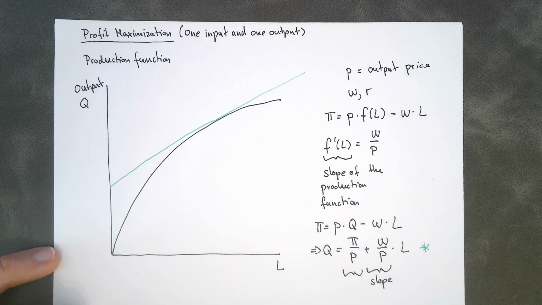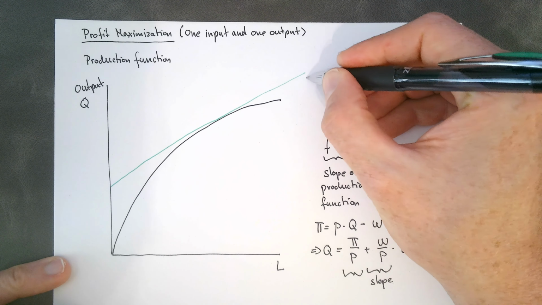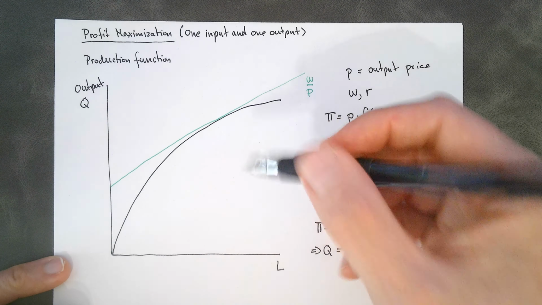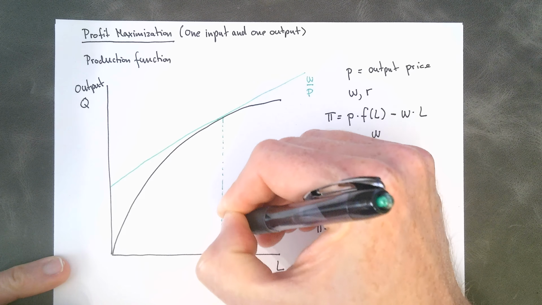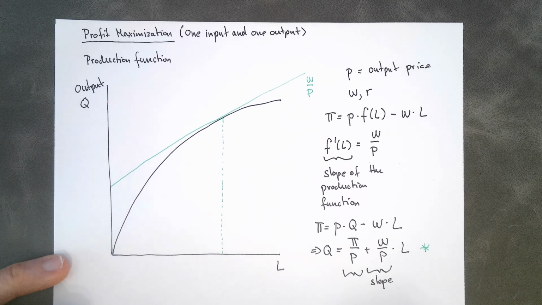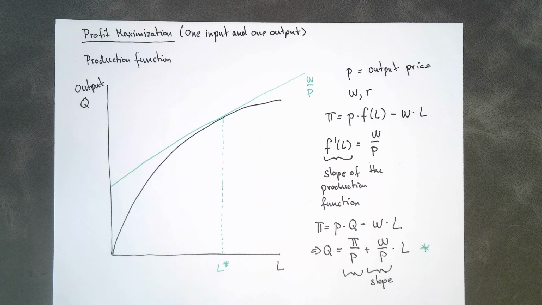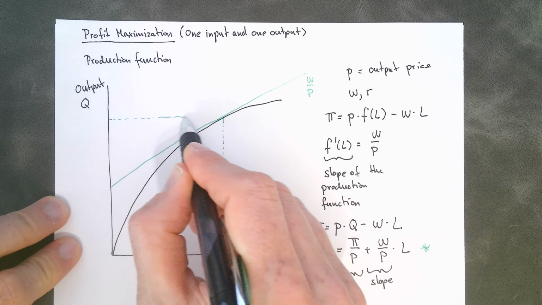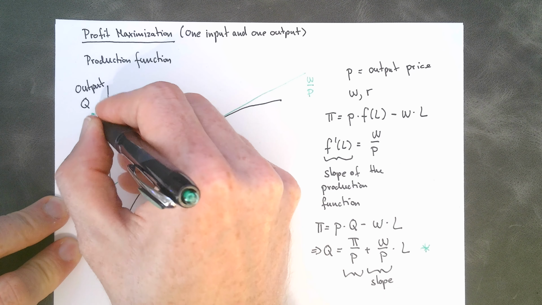Suppose that the slope of this function is W over P, and that at some point this function is tangent to the production function. Hence this is going to be your profit maximizing input of labor, and you have your output that you're going to sell here as Q star.